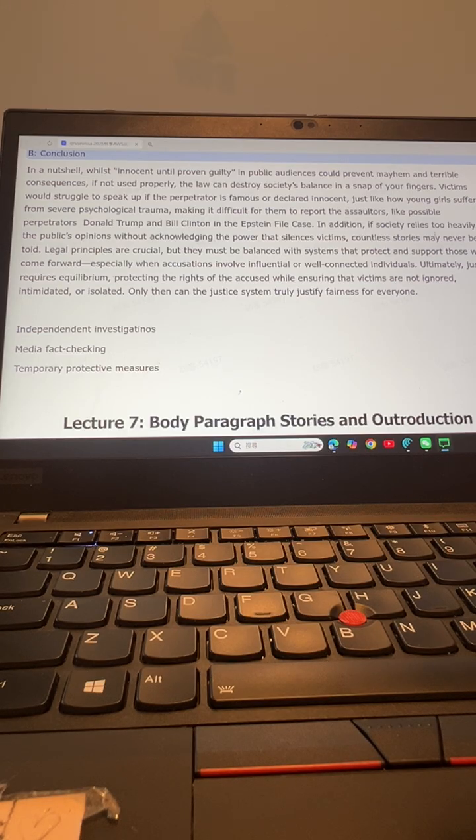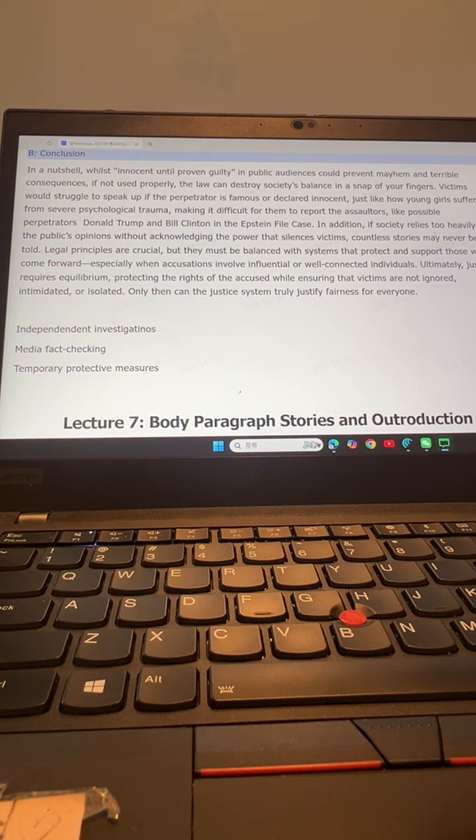Okay, the second one is we can have the process to find out which journalists and specialized institutions verify the accuracy of the public claims and posts.